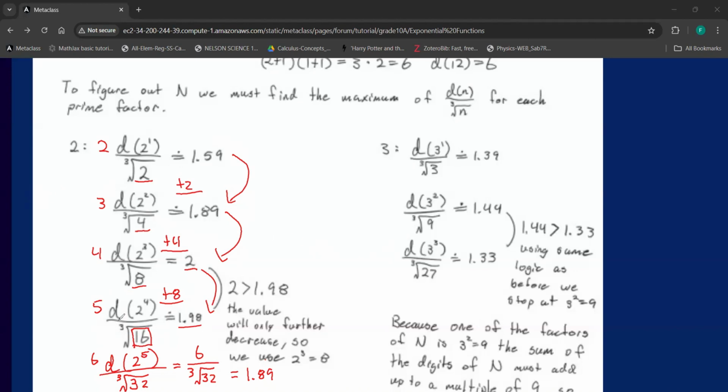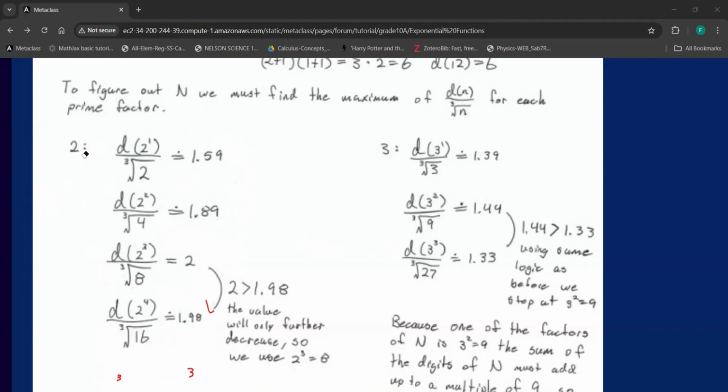Okay, so that means we're going to have to use 2 cubed as the prime factor for 2. Now moving on to the next prime factor, which would be 3. We will be using the same logic that we used for 2.